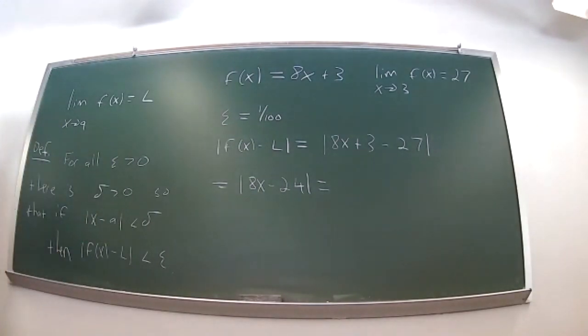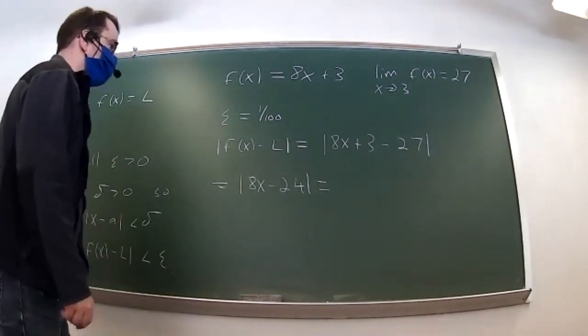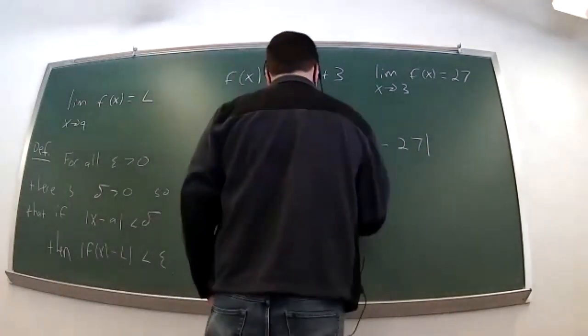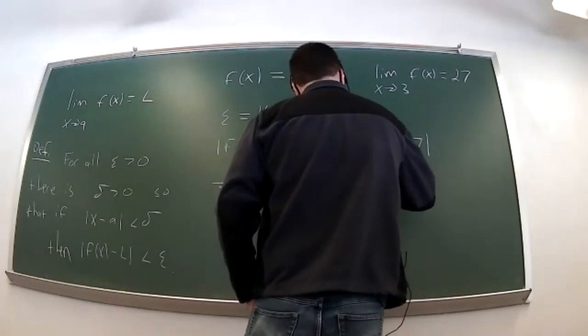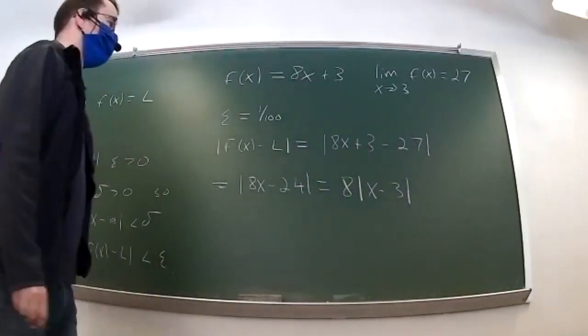And if you can do that, then you're going to be able to work with this definition successfully. And what I'm seeing jump out at me is maybe I could factor out 8, so I can rewrite this absolute value as 8 times the absolute value of x minus 3.